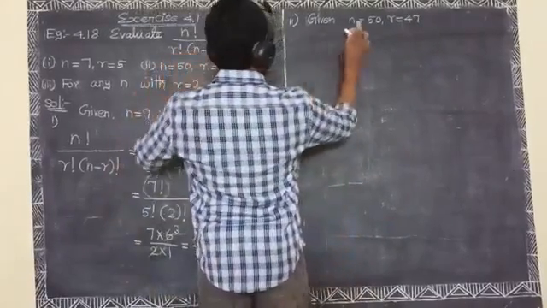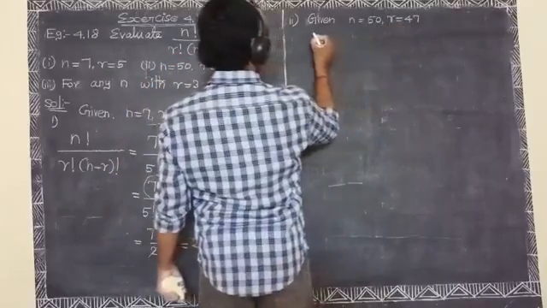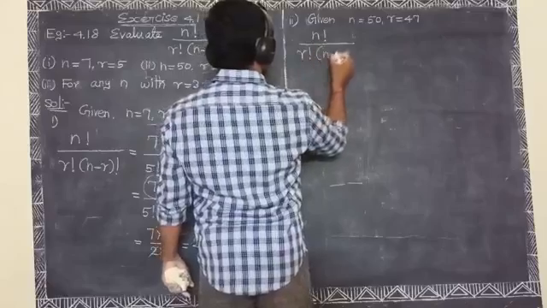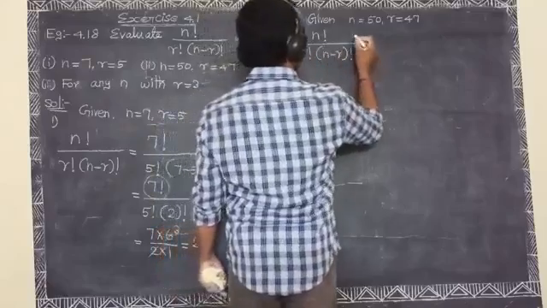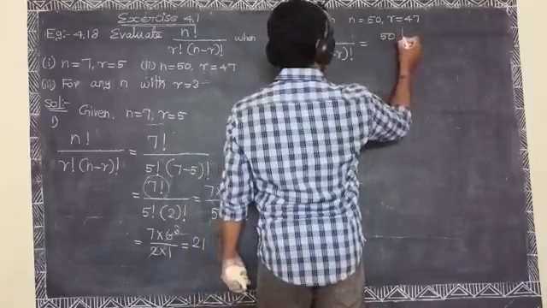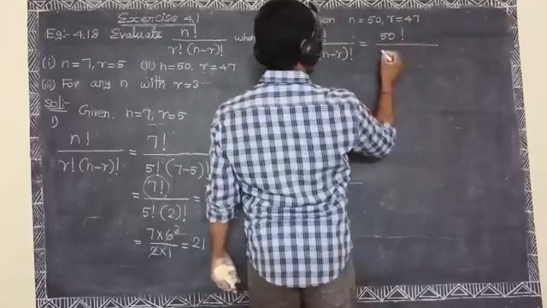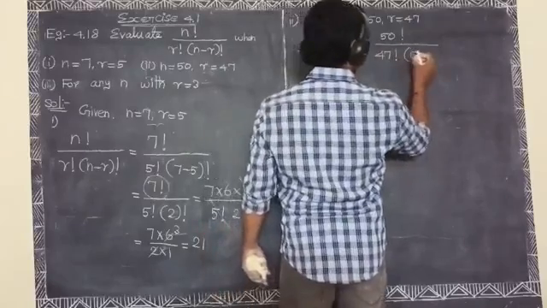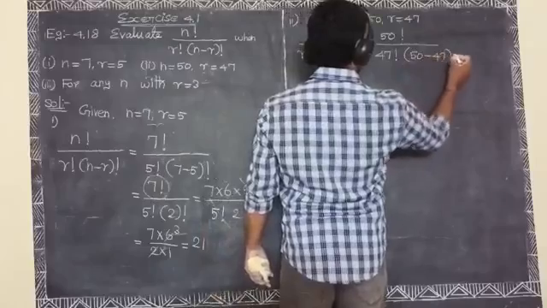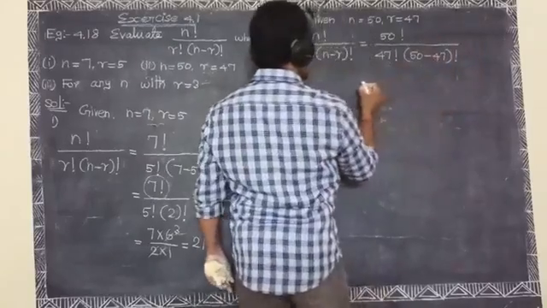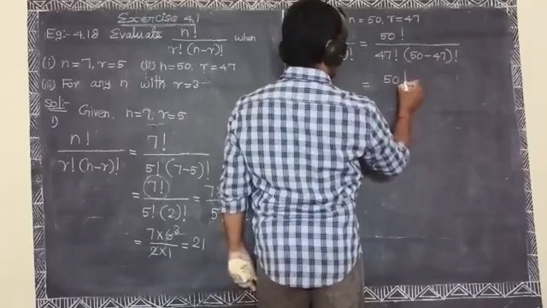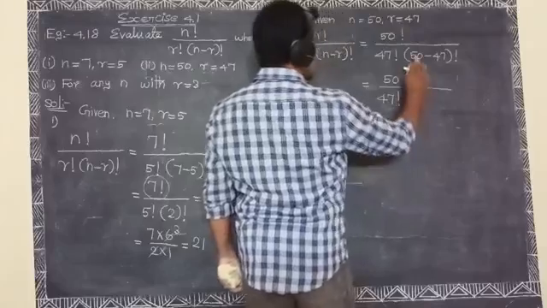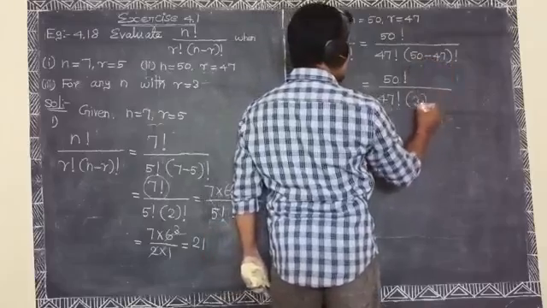Substituting n = 50 and r = 47 in n!/(r!(n−r)!), the numerator is 50! and the denominator is 47! × (50−47)!, which is 3!.